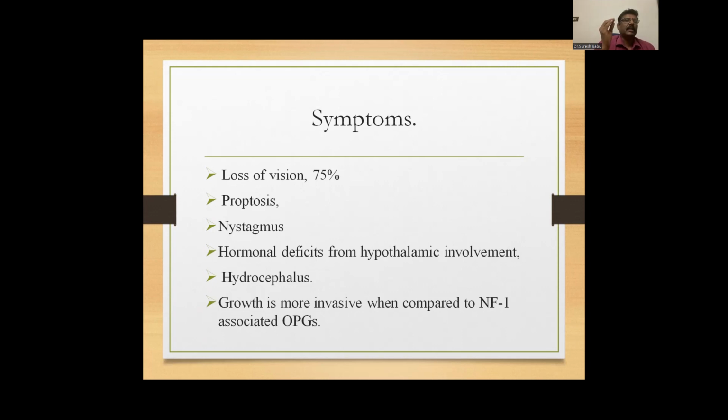Some patients can present with nystagmus, and some with hormonal deficits from hypothalamic involvement. In some patients, the growth can obstruct the CSF pathway and produce symptoms of hydrocephalus. And growth is more invasive in sporadic optic pathway gliomas when compared to NF1 associated ones. Next slide, please.